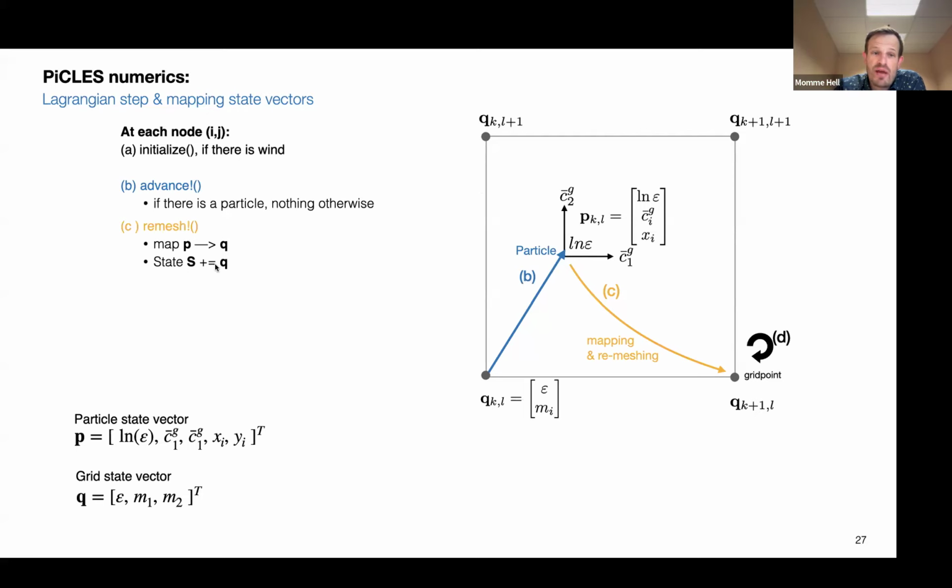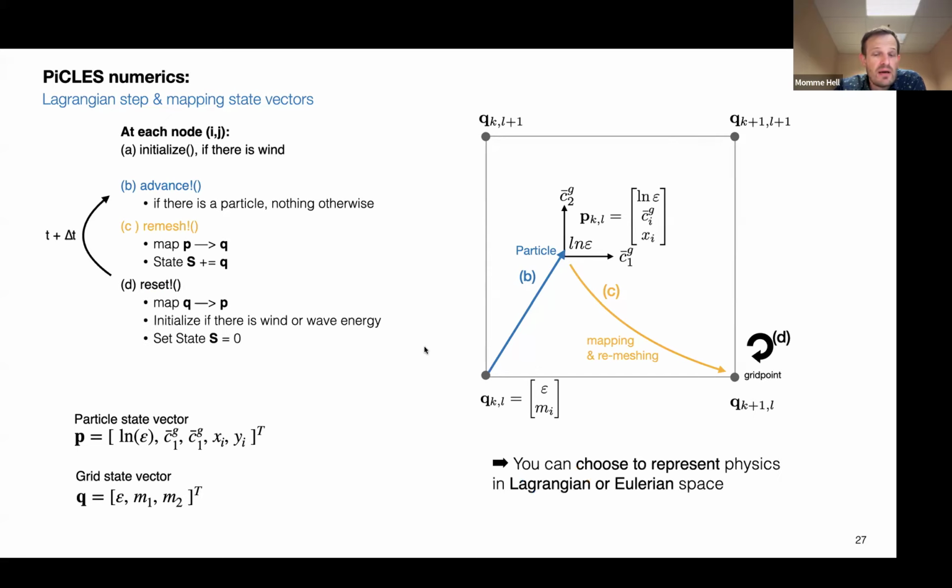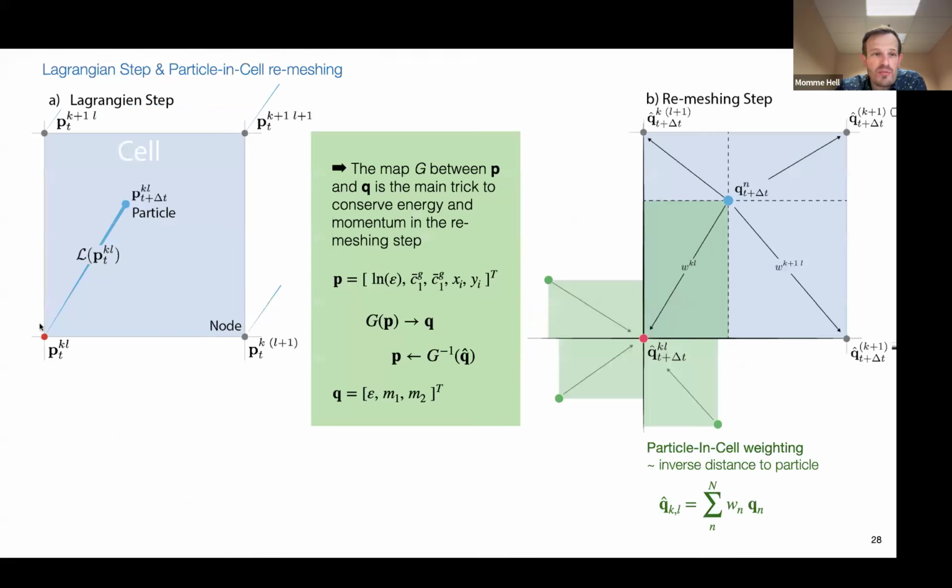We do that by first mapping from P, this 5-dimensional thing, to energy and momentum, Q. Once we have the information in energy and momentum, we can add it to the corner points. I'll elaborate on that a bit further later. There's a notation discrepancy between P and Q here, which is very confusing. Once we have the information back at the grid points, we reset, map back, and go back to the advancement.